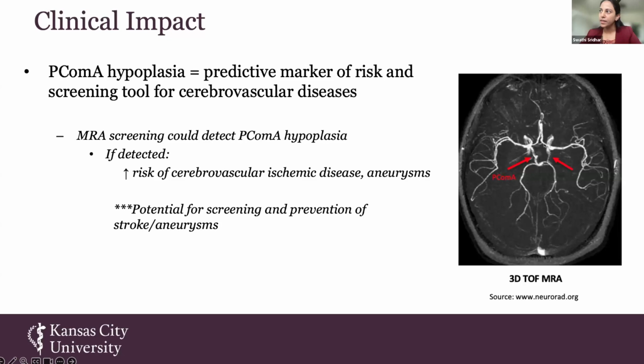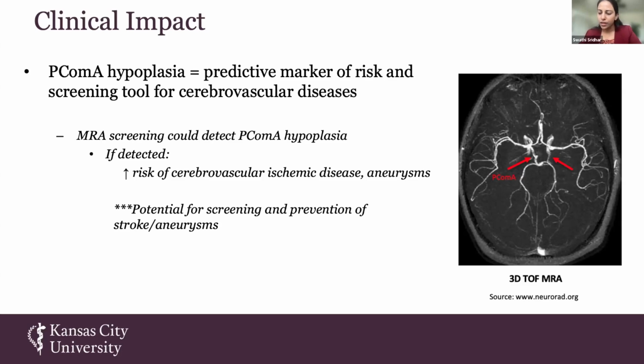Basically, you can predict this by subjecting the high-risk population to these MRA studies. If detected early, it can help identify individuals at high risk for cerebrovascular ischemic disease, including stroke and aneurysm. Thus, integrating screening for PCOM hypoplasia into routine clinical practice could help clinicians implement preventative measures such as lifestyle modification, medication, and close monitoring of these at-risk populations.